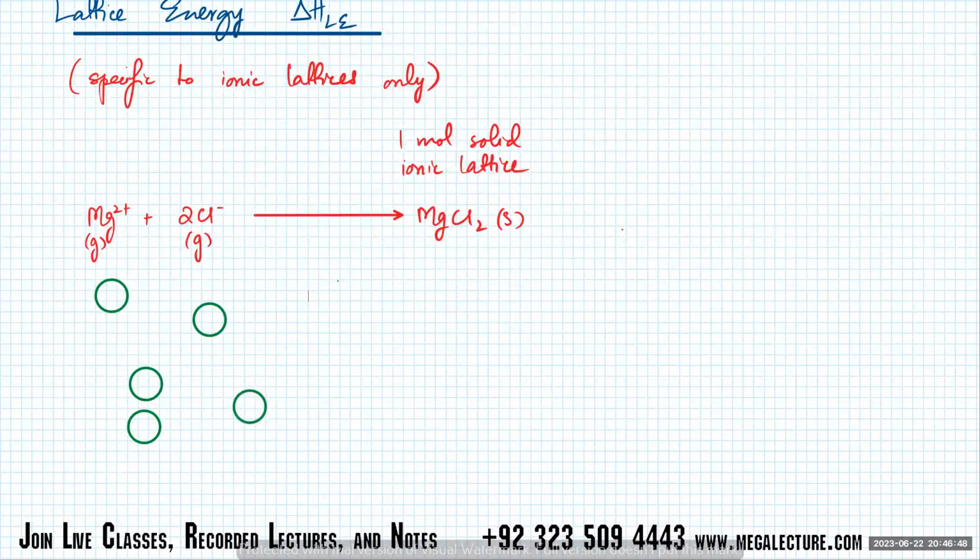So I've got positive ions, negative ions, positive ions, negative ions, positive ions, and they're all flying around in gaseous state. They're not bonded to each other. They're all independent.